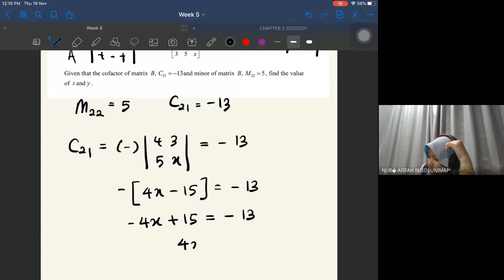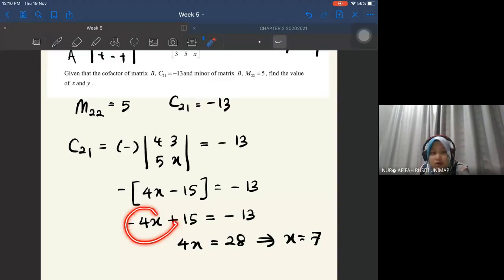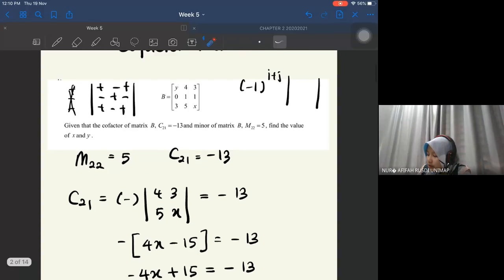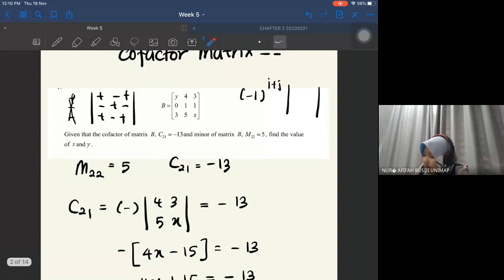So your 4x is equals to 28, so that your x is equals to 7. Okay, so you pindahkan negative 4x on your right hand side and negative 13 to be on your left hand side. So saya dapat this value x.